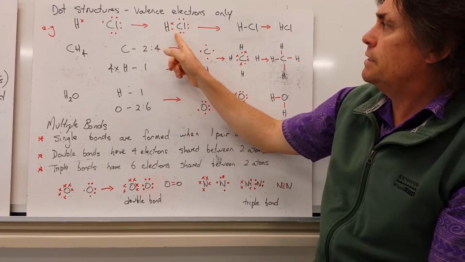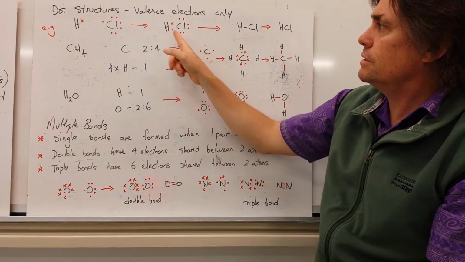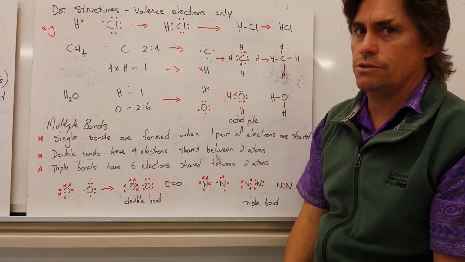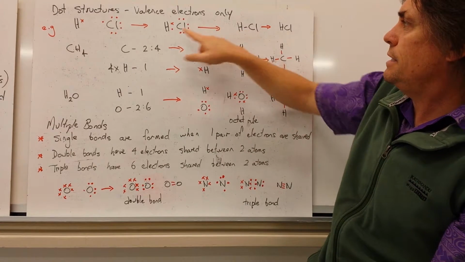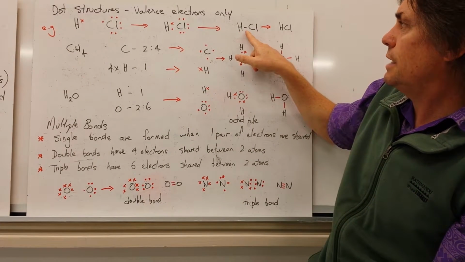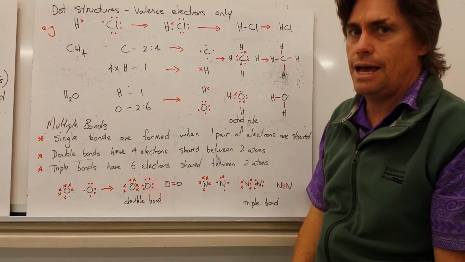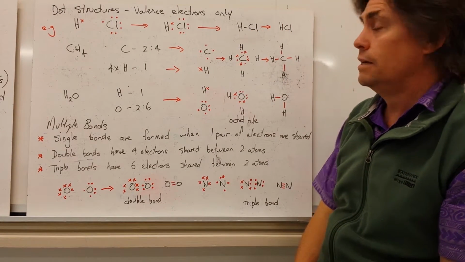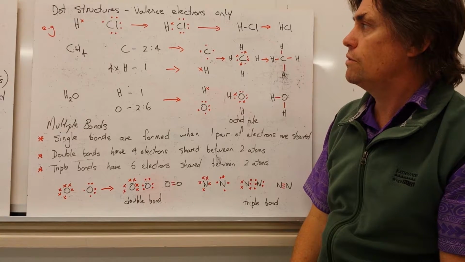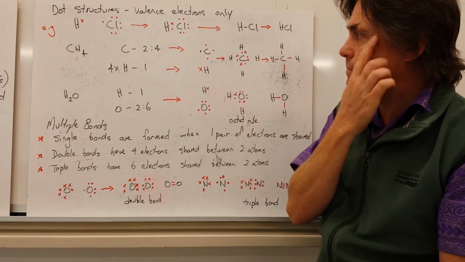So effectively the chlorine has 8 electrons and the hydrogen has 2 electrons, and this bond forms between the 2. We can represent this bond here, the 2 electrons, as a line between the 2 atoms. And then obviously we can shorten this down to give us our formula for hydrogen chloride, or hydrochloric acid.